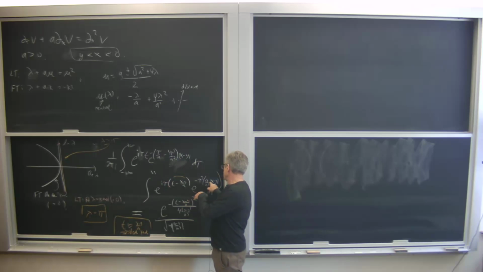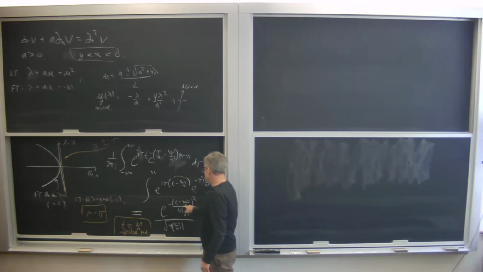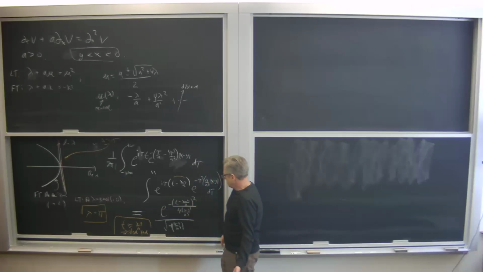The transform of a Gaussian with a coefficient c is the same thing with coefficient 1 over c. So I know that it's e to the minus t minus (x minus y) over a, squared, divided by the constant in front of tau squared. So it goes like this.